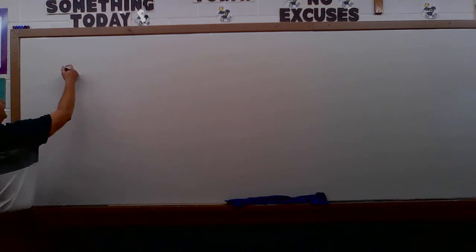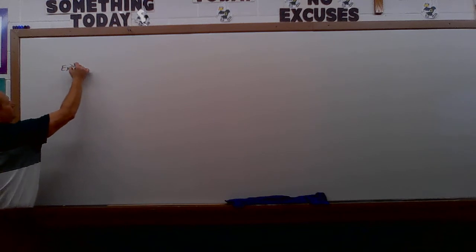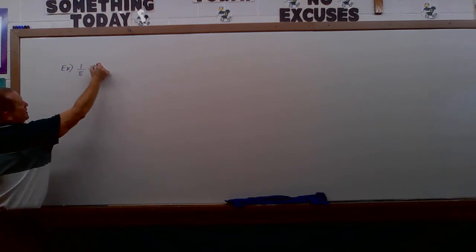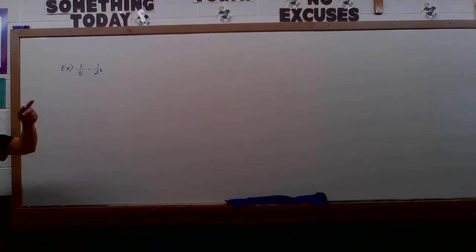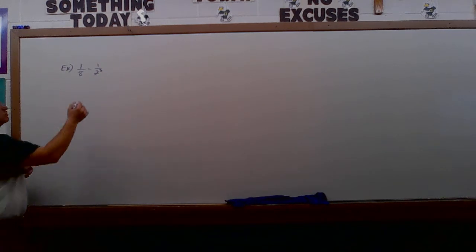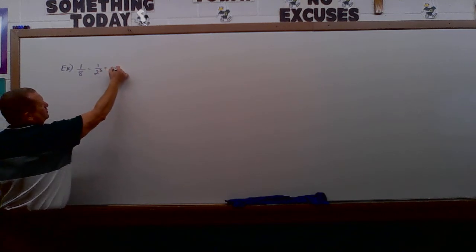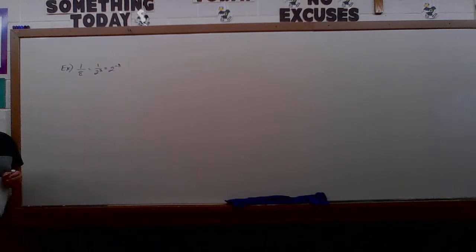So if we had 1 over 8, Addison says 2 to the third. So when they ask us to write it with negative exponents, we would write it as what? 2 to the negative 3.